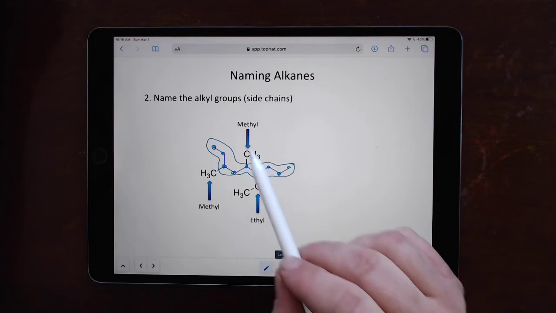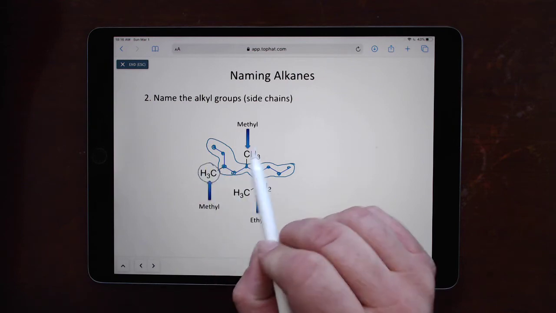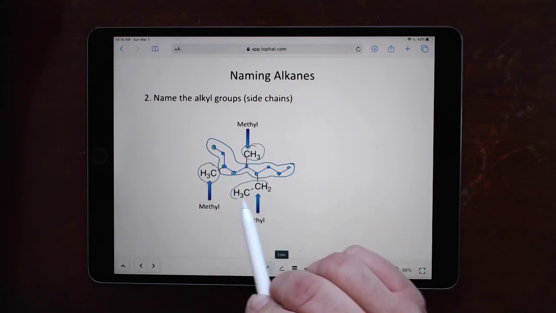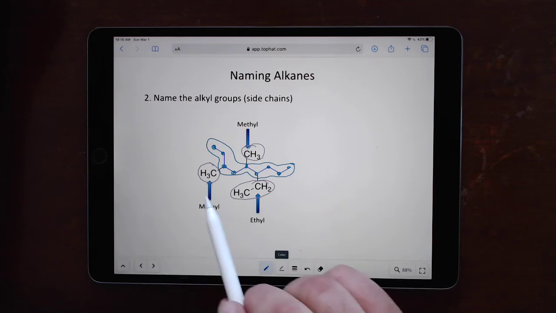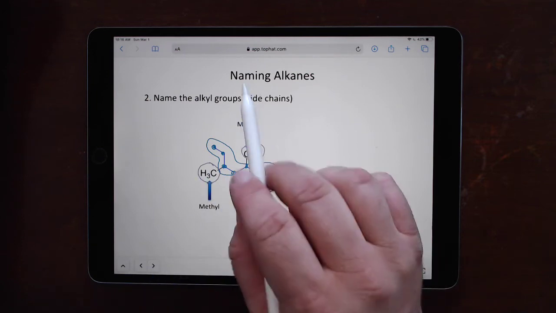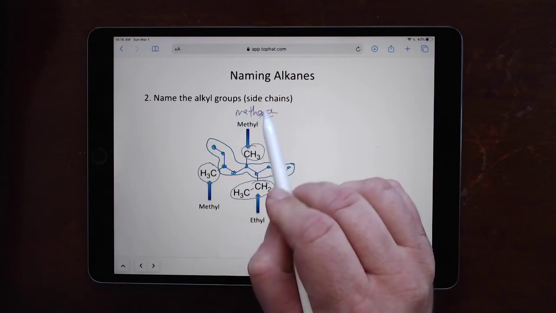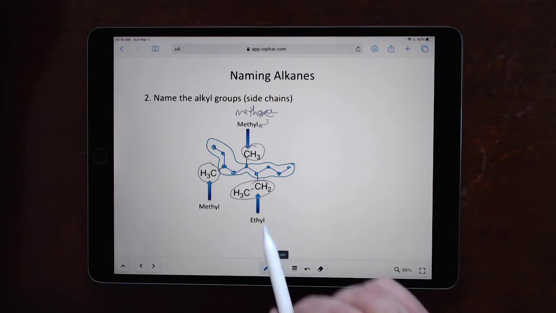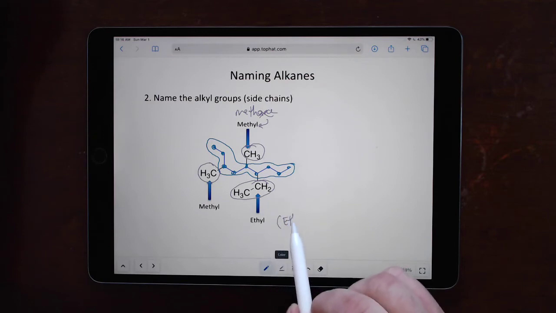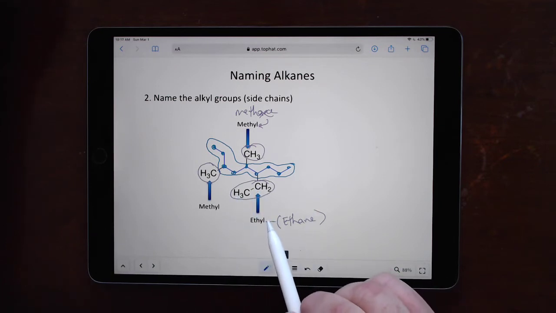So the side chains are the carbons that are coming off of it. It's going to be this one, and this 2 carbon side chain. Each one of these is a 1 carbon side chain. This is a 2, right? So this was originally methane, and we're going to take that off and add YL. This was originally ethane, because it's a 2 carbon side chain, 1, 2. And so that one becomes ethyl.